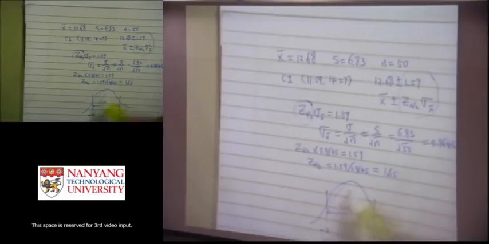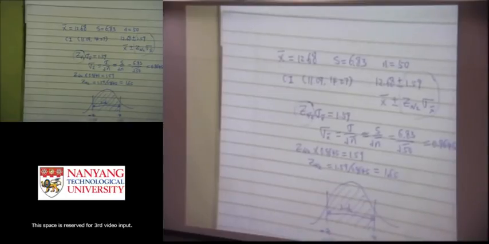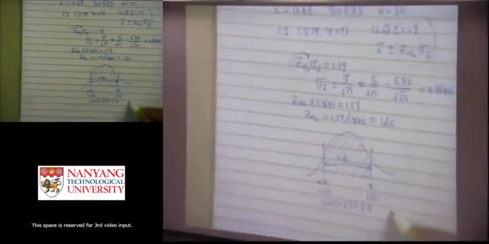Can you get the proportion in between? In your standard normal distribution, can you calculate the area from z equals minus 1.65 to z equals 1.65? Yes. Then we can know that 100 times 1 minus alpha equals 90. So this is the 90% confidence interval.